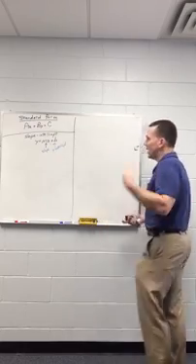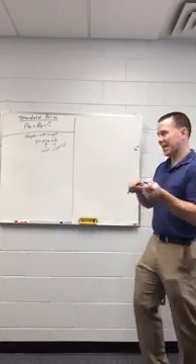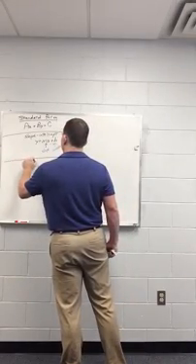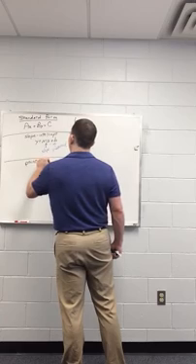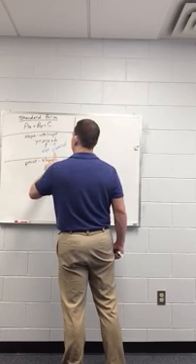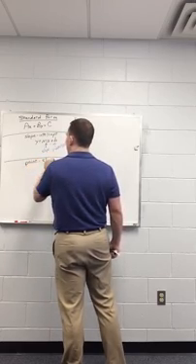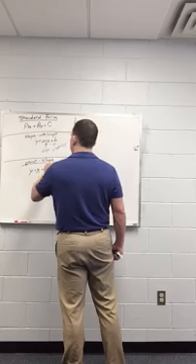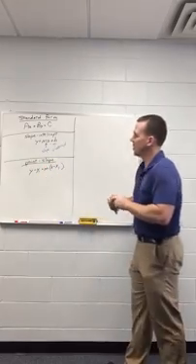So, we have those 2 forms of a line. The last one, which is actually my personal favorite, but some people don't like it as much, is the point-slope form. And the way it works is, this equation is y minus y1 equals m times x minus x1.